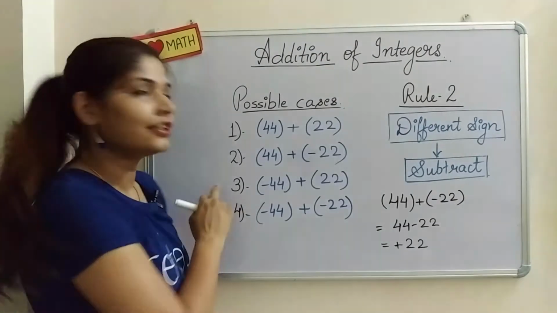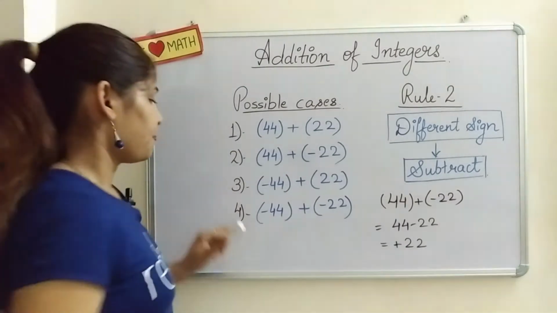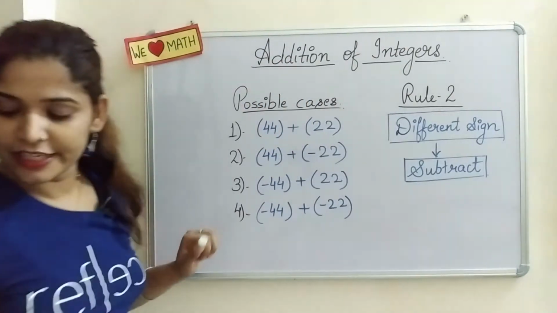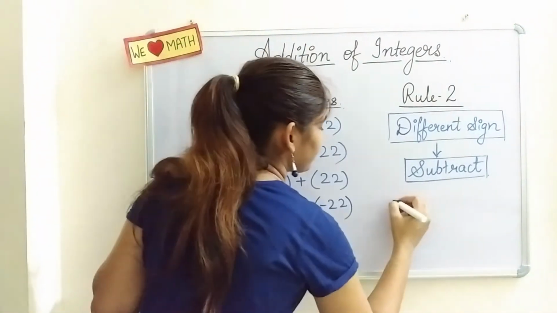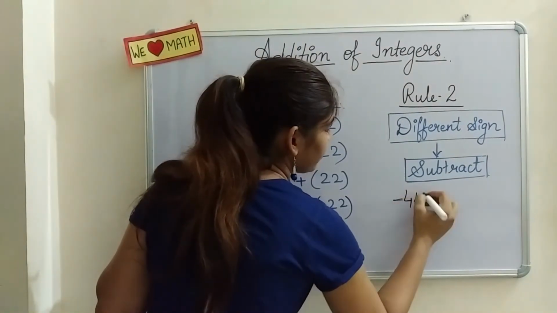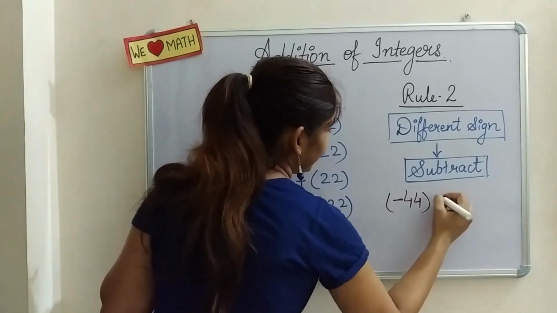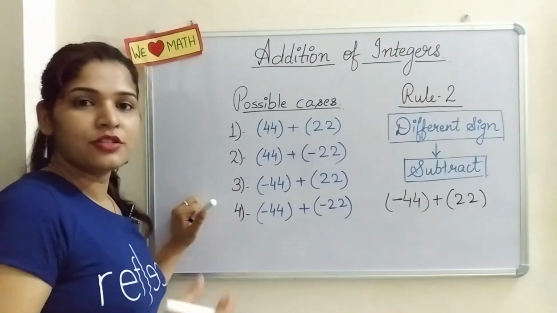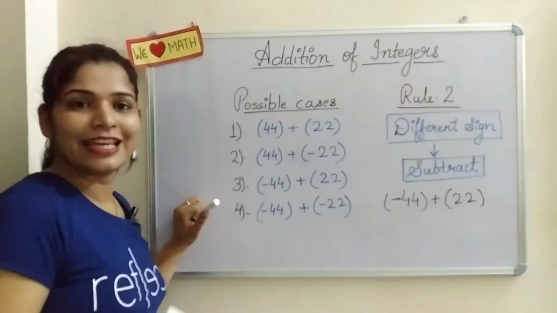Now let us see the third case, when the first number is negative and the second one is positive, that is minus 44 plus 22. In this case, the first integer is negative and the second one is positive.